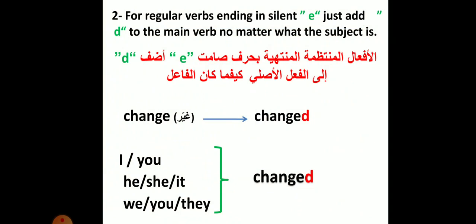Verb to change. We don't pronounce E, so it's a silent E. In this case, we add D. Change becomes changed.